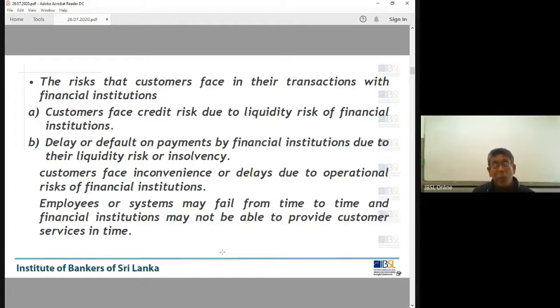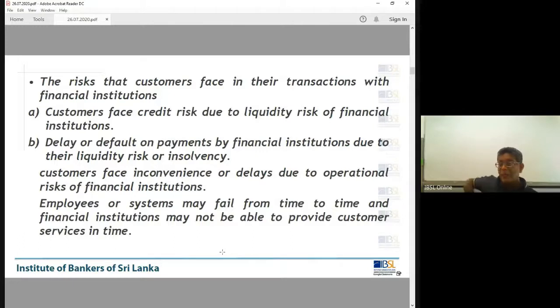So I have done the foundation. So now I'll come to your bank asking for my balance loan. Then you are facing some liquidity problem. You are facing liquidity risk. Because you don't have money to honor my loan, right? So therefore, customers are facing a credit risk due to your liquidity risk.